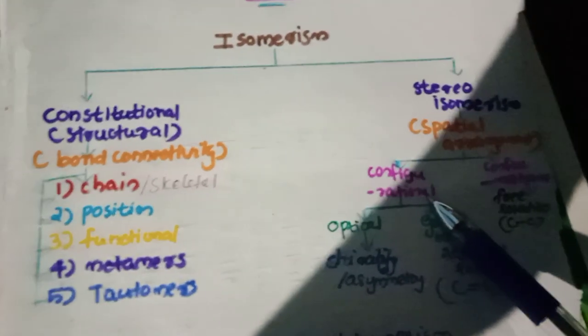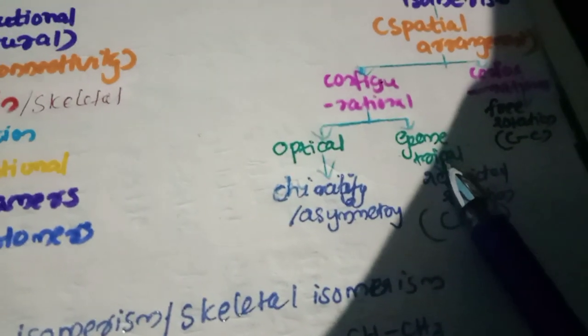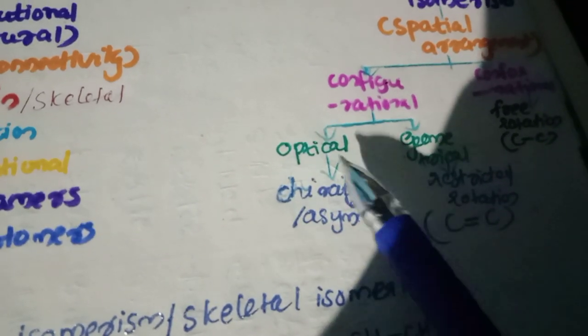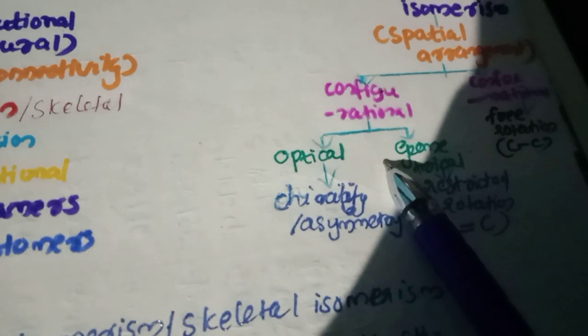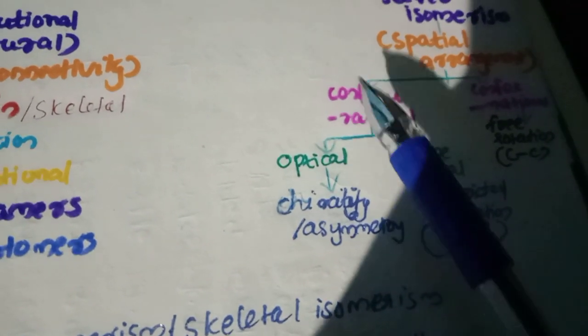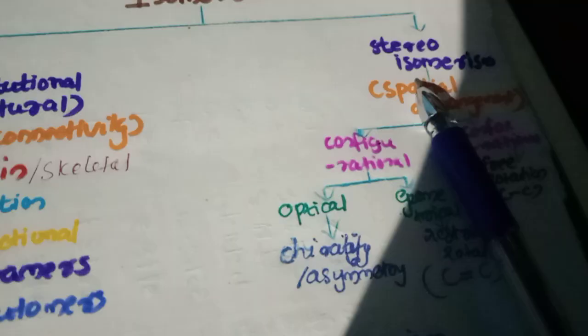First is configurational isomerism, which is classified into optical isomerism and geometrical isomerism. Optical and geometrical isomers come under the heading of configurational isomers, which is stereoisomerism.